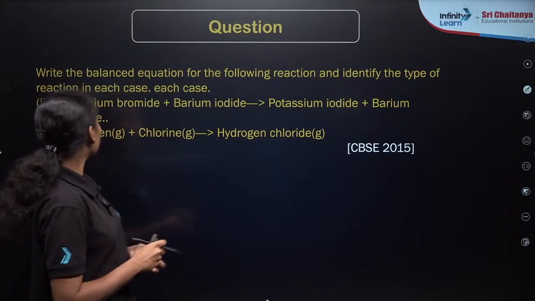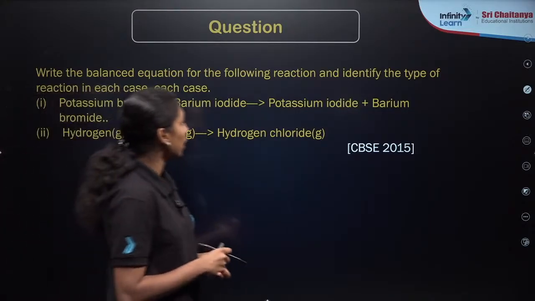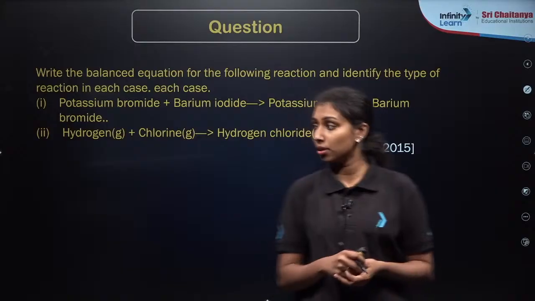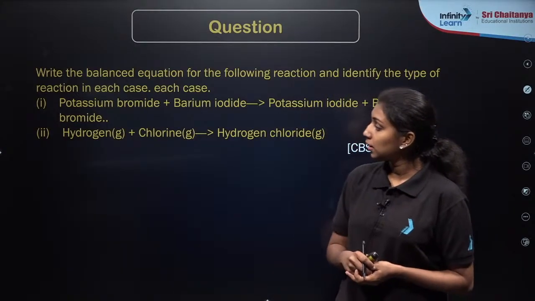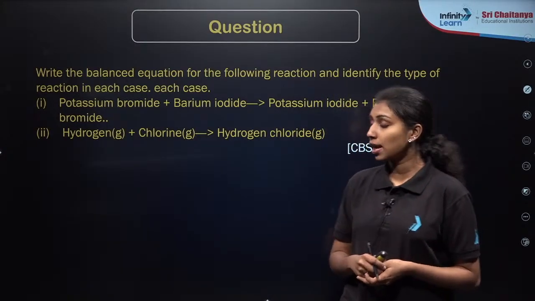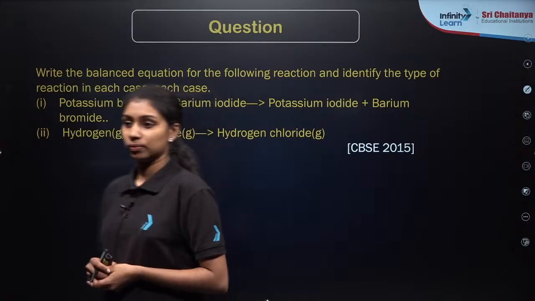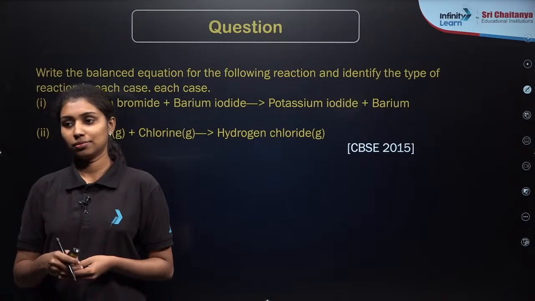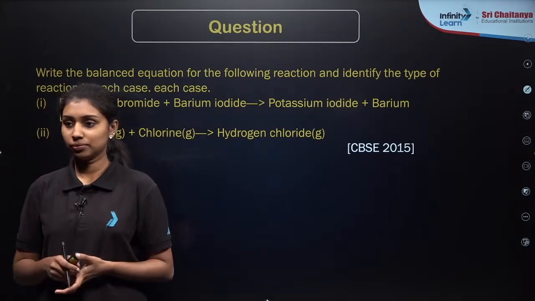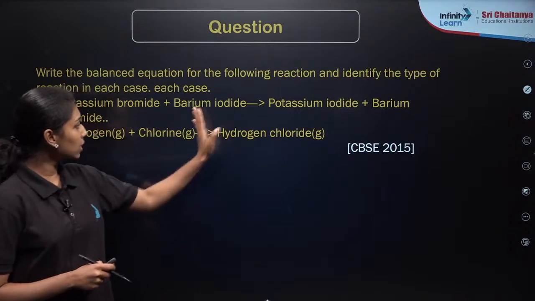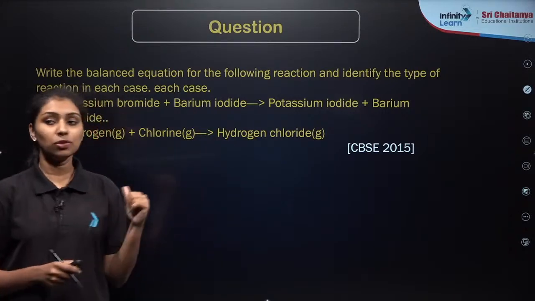First reaction is given here: potassium bromide plus barium iodide is forming potassium iodide plus barium bromide, right? Second reaction: hydrogen plus chlorine gives hydrogen chloride. So what will be the answer for the first question? What will be the balanced chemical equation for the first question?